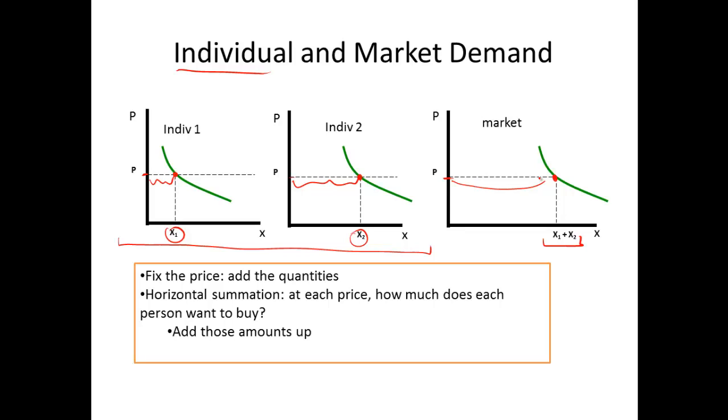Any point along the market demand curve is the horizontal sum of the quantities that individuals want at that price. So to sum up, fix the price, add the quantities. It's a horizontal summation. At each price, we're asking how much does each person want to buy, and add those amounts up to get the market.